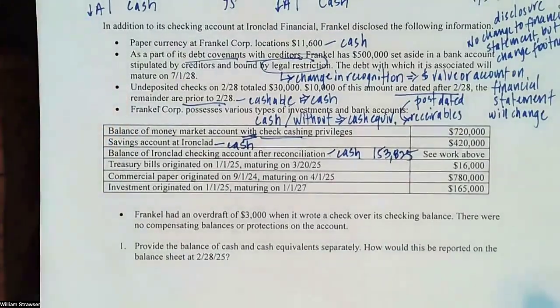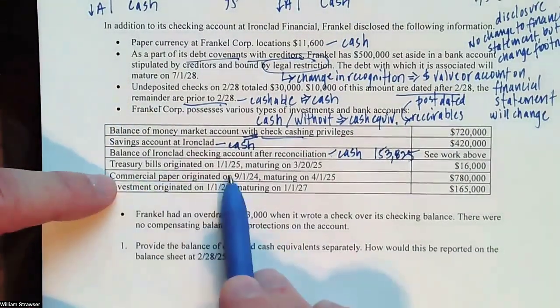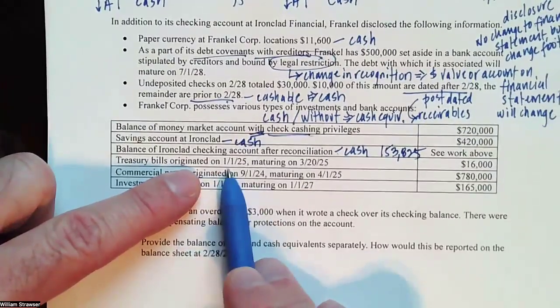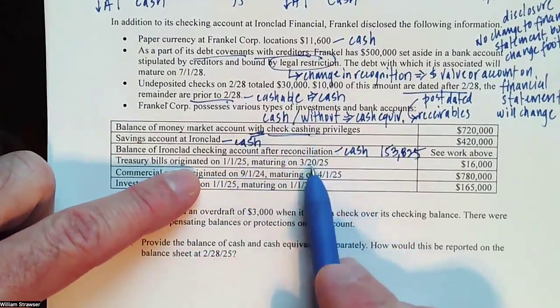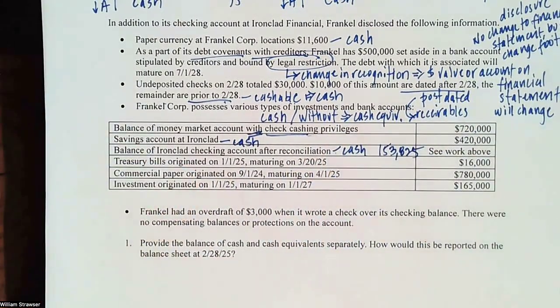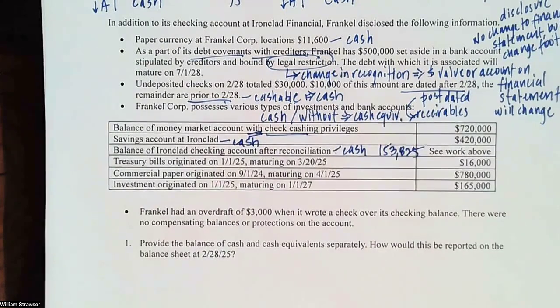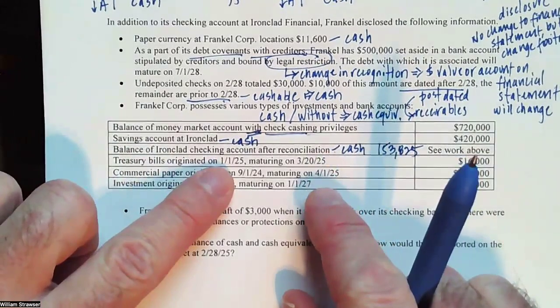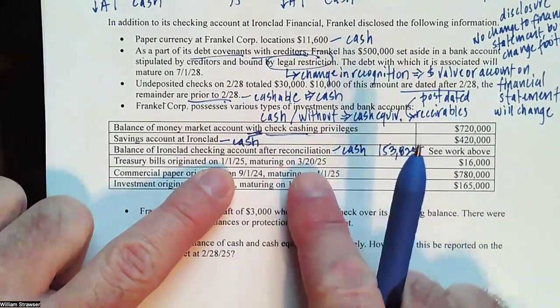Right now we have some investments. Treasury bills originated on January 1st of '25. They're going to mature on March 20th of '25. When deciding whether an investment should be a cash equivalent, a short-term investment, or a long-term investment, the first thing I do is look at the origination and the maturation.